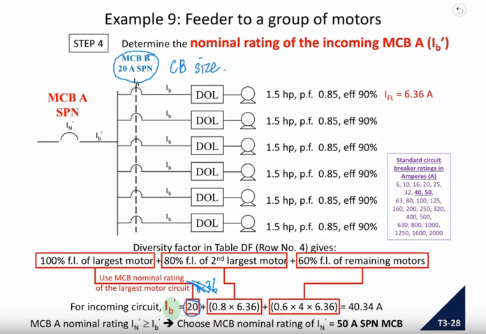All right, and we end up with 40.34, and hence we select the next biggest one, which is 50. That is how we are going to apply this design rule that we introduced today. Any question at this point?